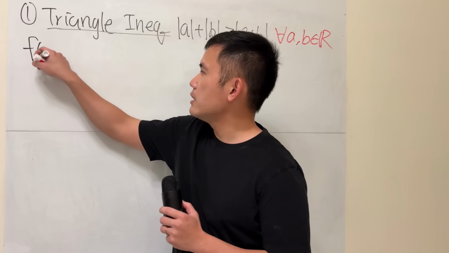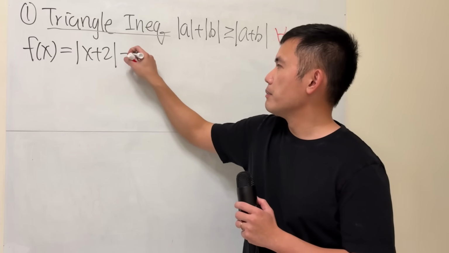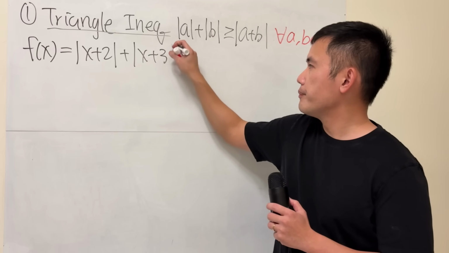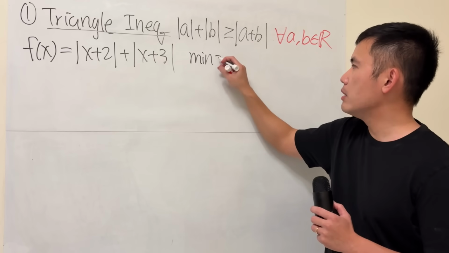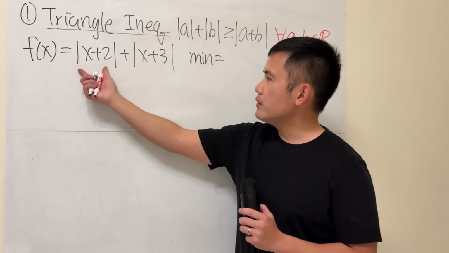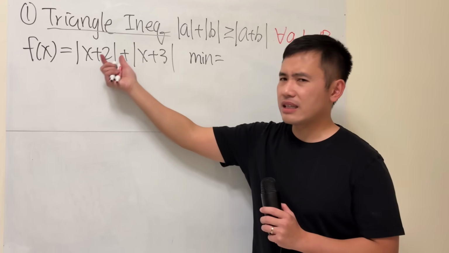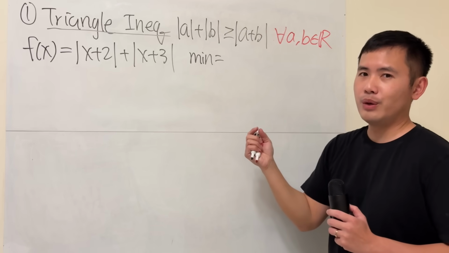Suppose we have the function f of x is equal to absolute value of x plus 2 plus absolute value of x plus 3. And we would like to find the minimum of that function. Okay, let's see. I gave you the absolute value right here, so that's like the first one. And likewise, this is the second one. So we can just apply that right away, huh?